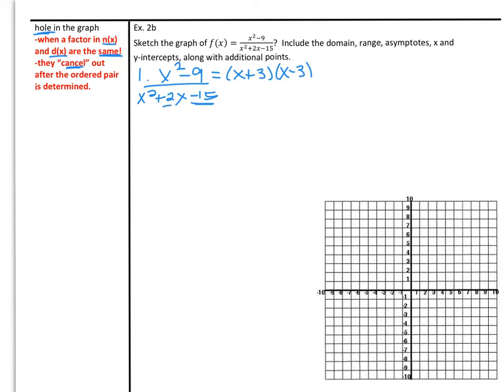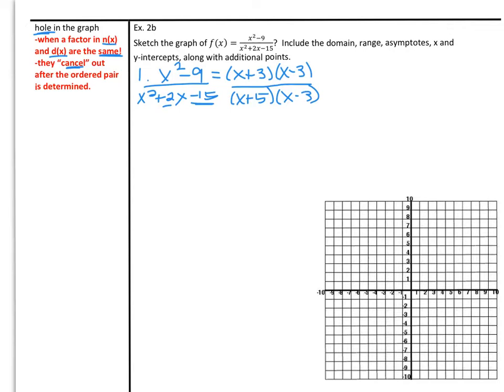Numbers that go into 15: 1 and 15, or 3 and 5. Can we work with either pair to get positive 2 when we add, but negative 15 when we multiply? Hopefully you recognize that if we do x plus 5 times x minus 3, together they have a product of negative 15, but a sum of positive 2.